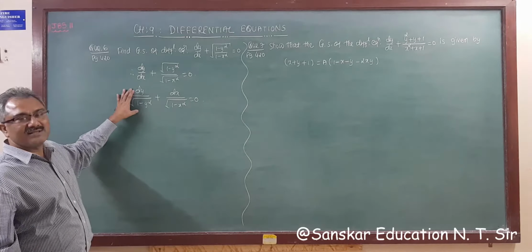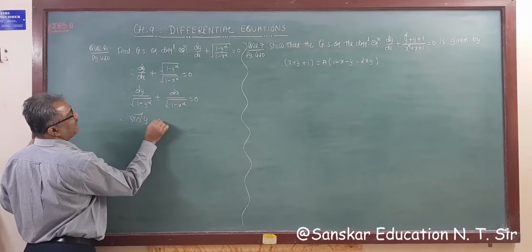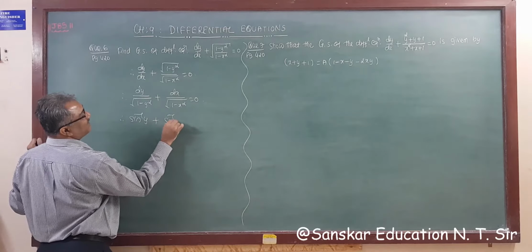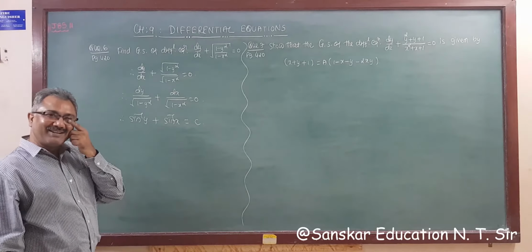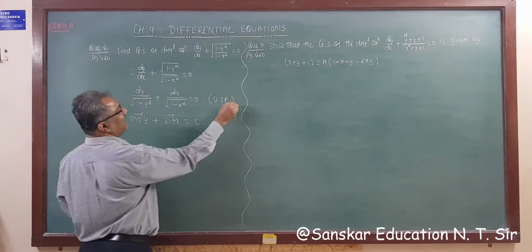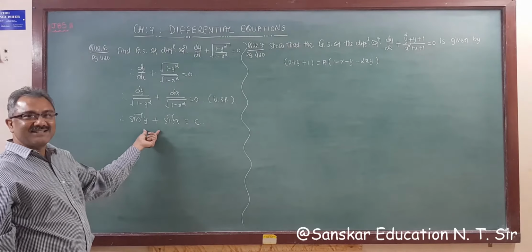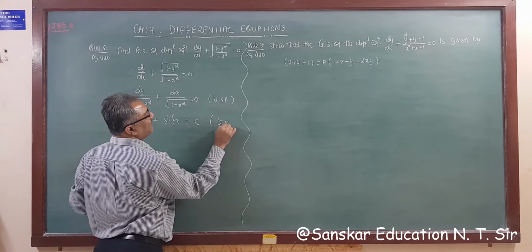So what is this? This is sine inverse y. So sine inverse y plus sine inverse x is equal to c. I am not writing more steps. This is variable separable, and if we integrate, we get this answer. So this is the GS.